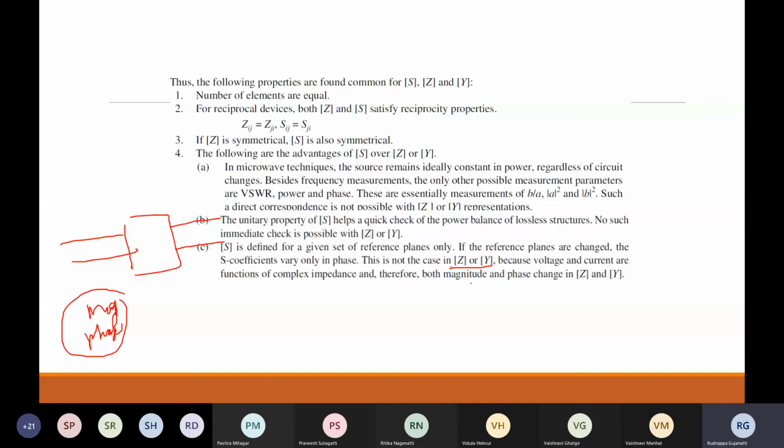Whereas in S parameters, only the phase component alters, but the magnitude remains the same. So these are just a few things to note down regarding the properties associated with S, Z, and Y, which are common, and what is the advantage of S over the impedance and the admittance parameters.